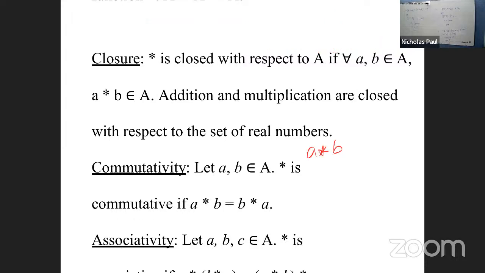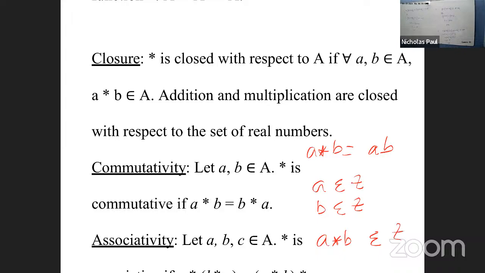A star B is A multiplied by B. And let's say B belongs to integers. Then A star B is closed if A star B is also from the set Z, right?